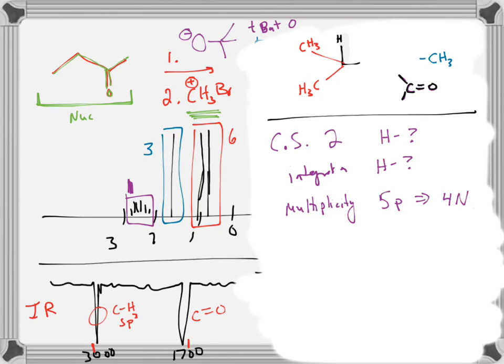Do I have any positions left that have only 4 neighbors? No, that doesn't quite look right. So let's take a closer look at that. And this is one of those fun things, and yes, sometimes the ACS does this to you too.